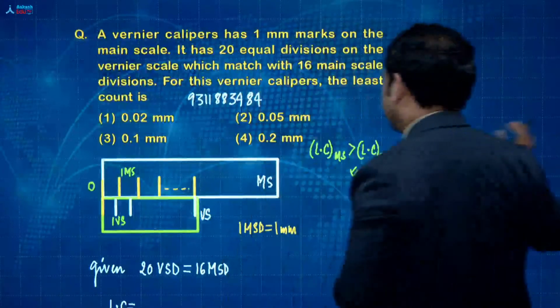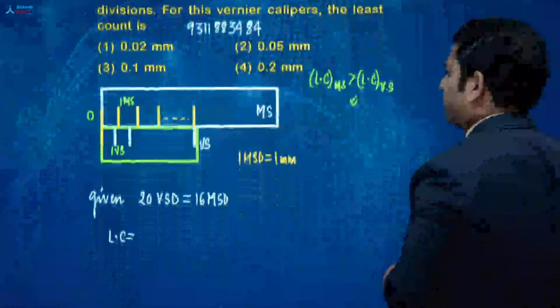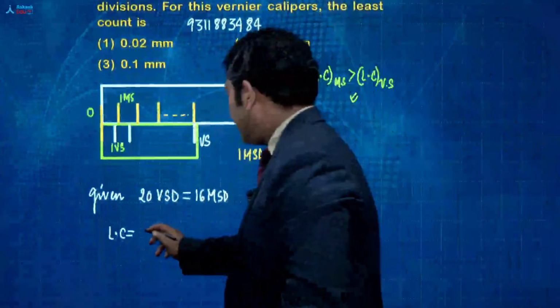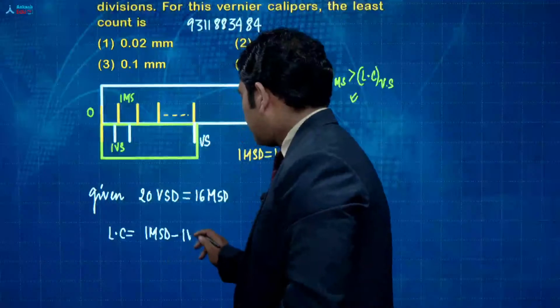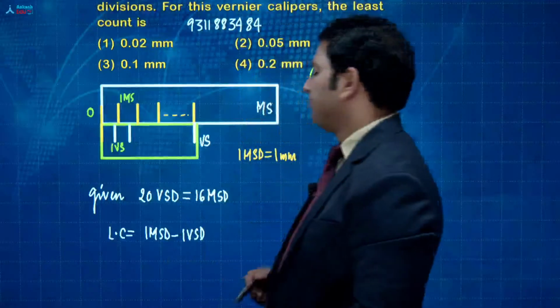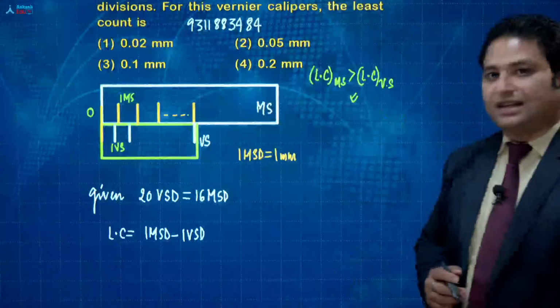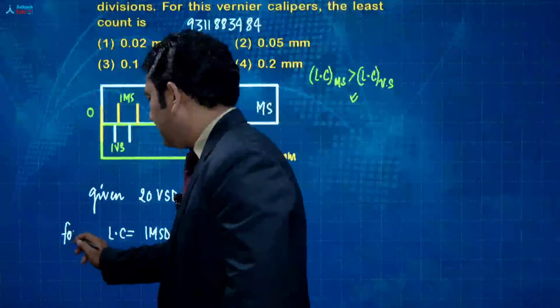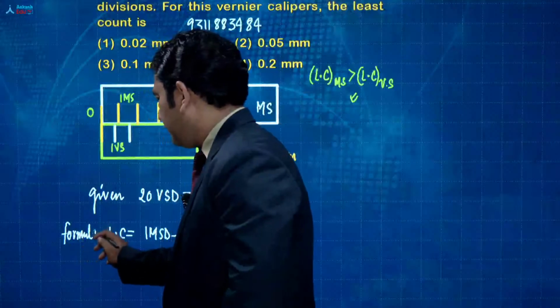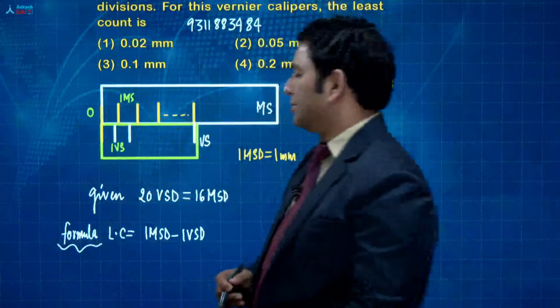All right, let's see. So what is the formula for least count? Now, this is the formula. 1 main scale division minus 1 vernier scale division. That is the formula for the least count. Okay, formula, okay? Now, you need to memorize that.